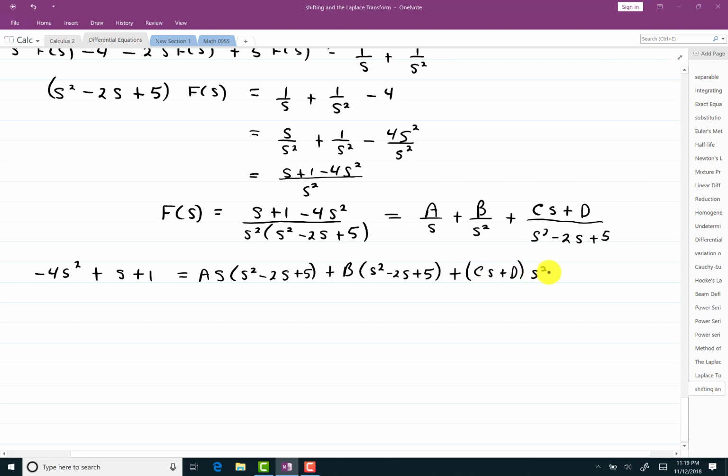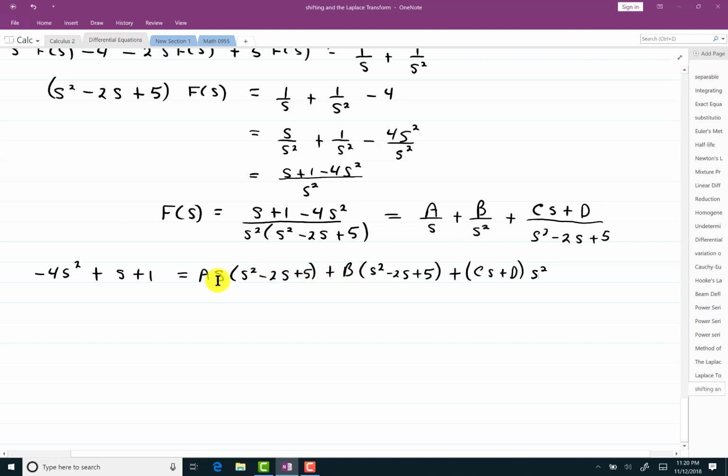And now I'm going to try to see if I can figure out what the numbers are. Now, once again, I typically try to put the zeros of the factors in here to figure out each of the numbers a, b, c, and d, but not all of that is possible.